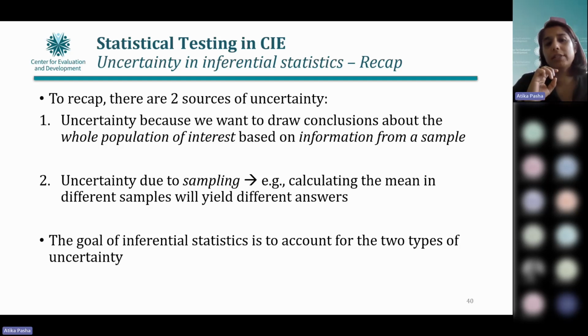And inferential statistics is able to account for both of these uncertainties through, first and foremost, your confidence intervals, which is basically talking about how likely it is that your population mean is close to your sample mean, and how uncertain you can be that your sampling error is accounted for.